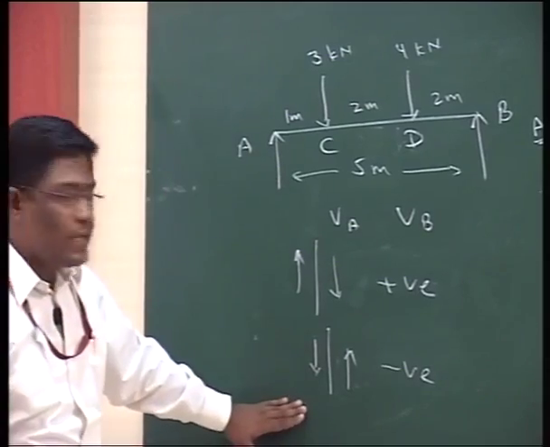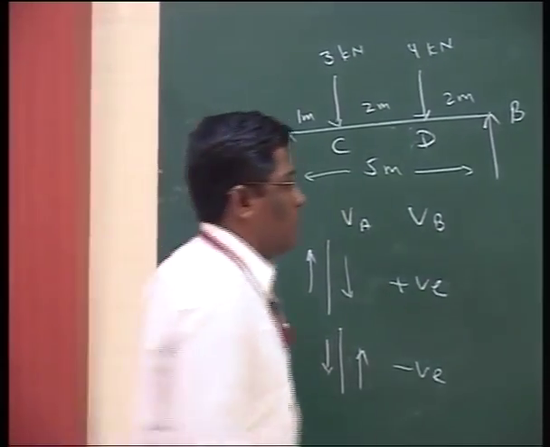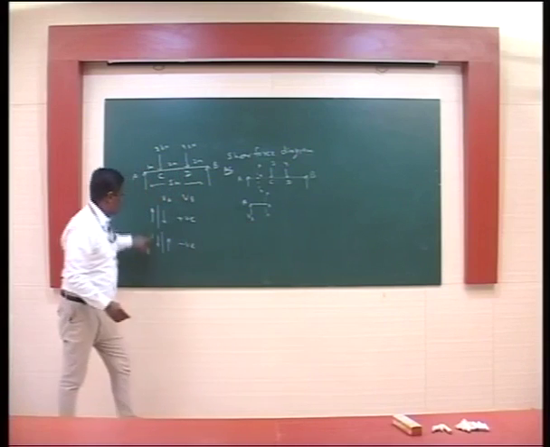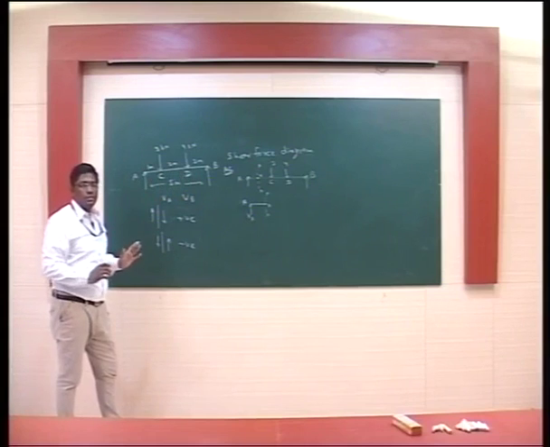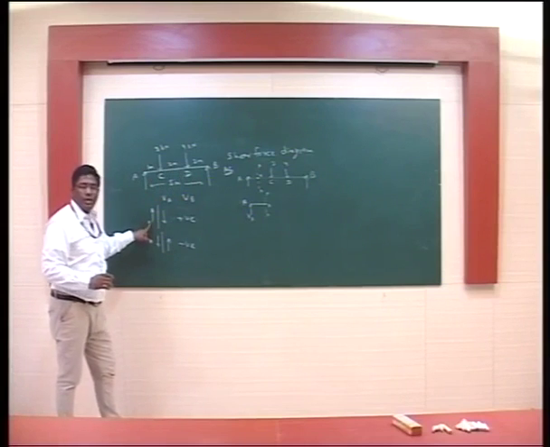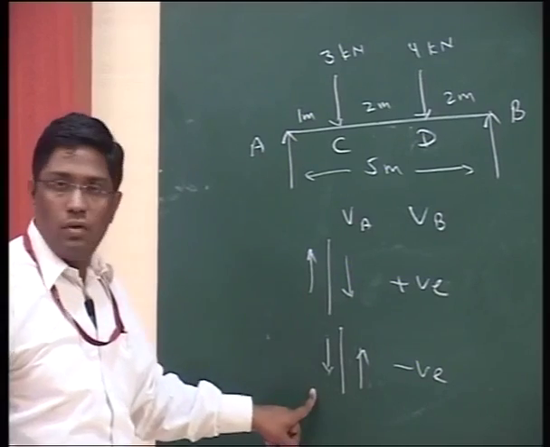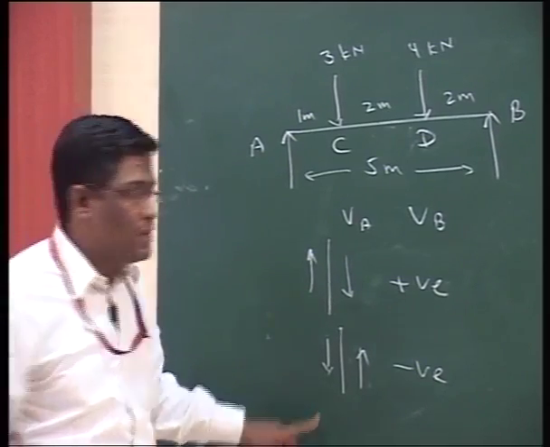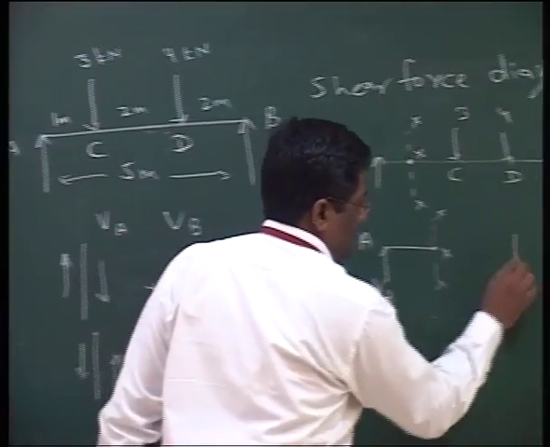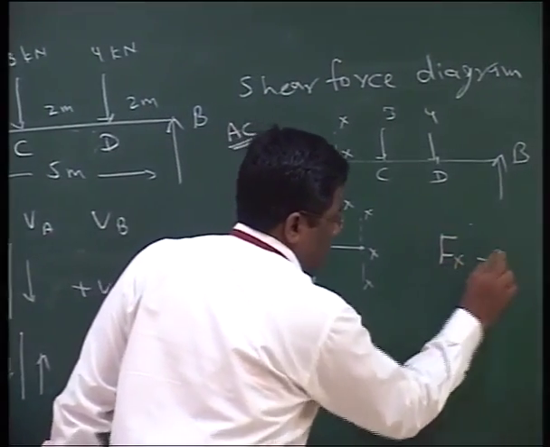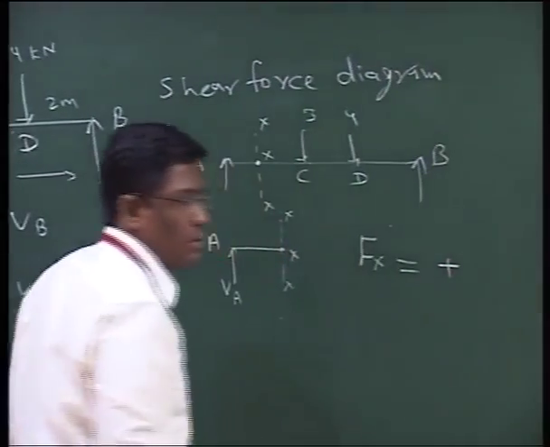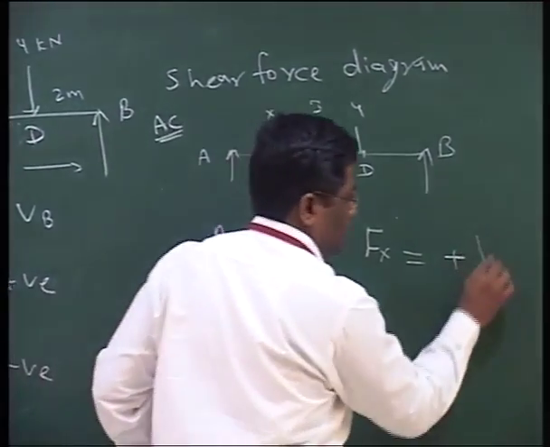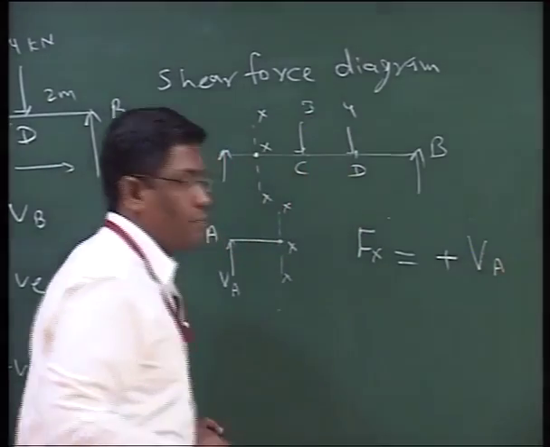If we take this convention, then VA can be considered positive because it is situated on the left side of the section, and on the left side, upward forces are positive and downward forces are negative. So the shear force Fx at point X will be positive, and the value will be VA.